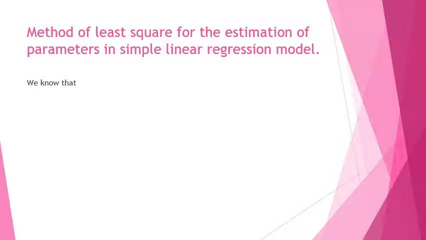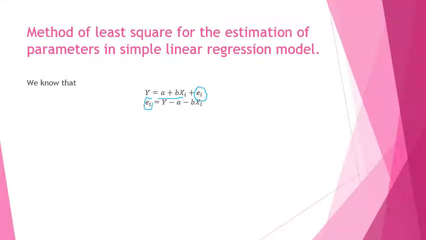Now we are going to see how we can estimate the parameters of the regression model. As we know, the regression model is this. Now by separating the errors and taking the other values on the left side of the equation, we have this model. Now these are errors.